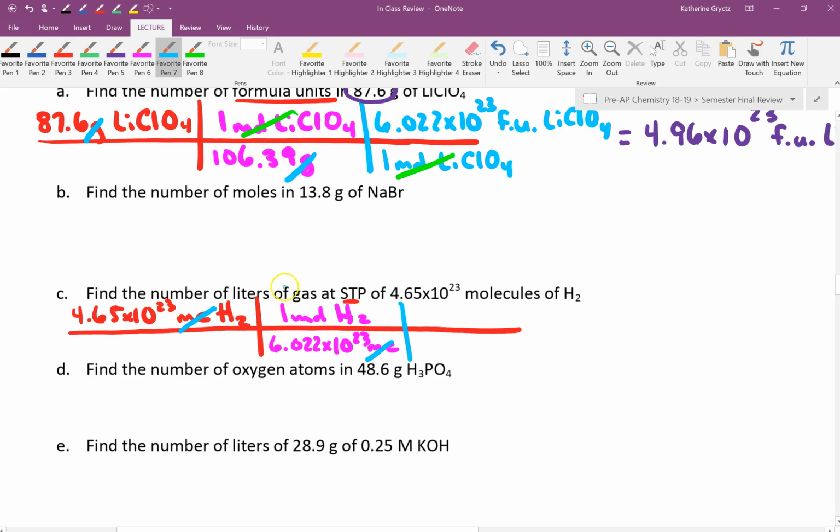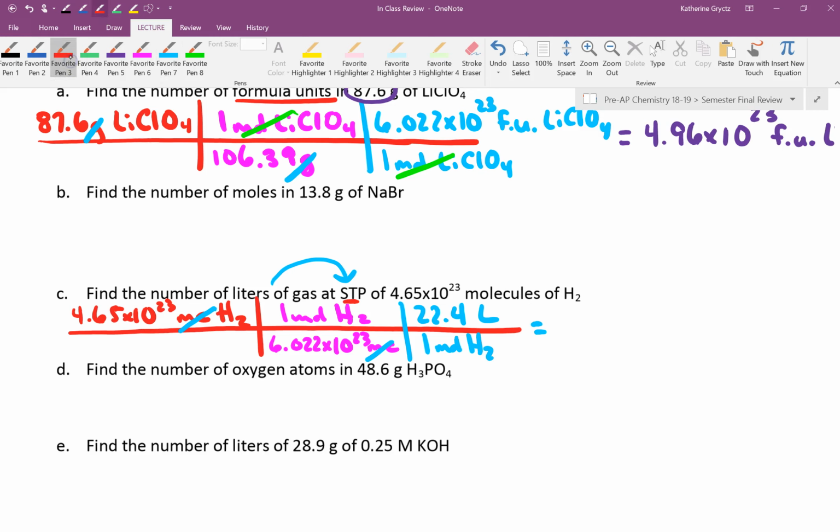And then I'm going to liters of gas at STP, so that's not molarity, that's the one time you get to use this: 1 mole of hydrogen is 22.4. Do not use that unless it says STP in the problem. You will learn later on in the year where that 22.4 comes from. It comes from a gas law. And we're just kind of cheating and giving you one number right now, so only for a particular temperature and pressure called STP do we get to use that.